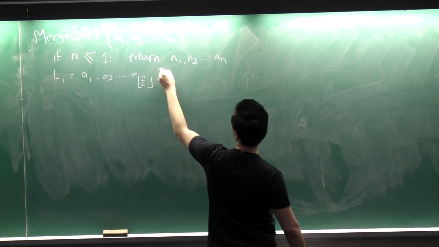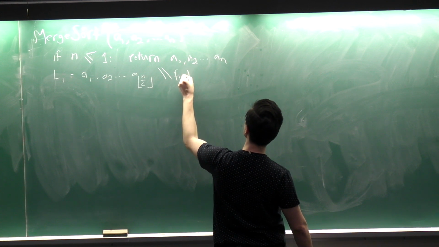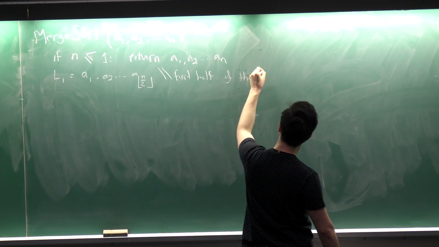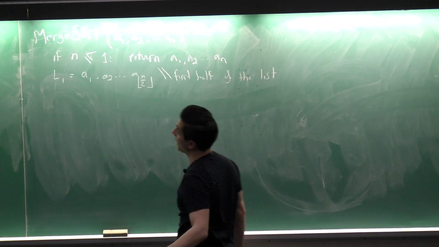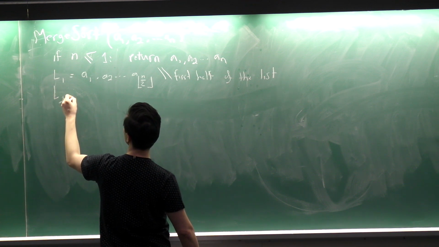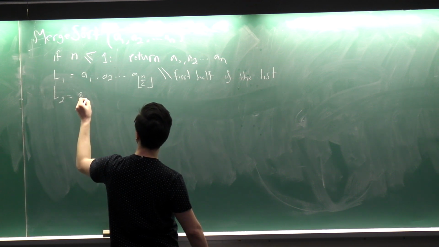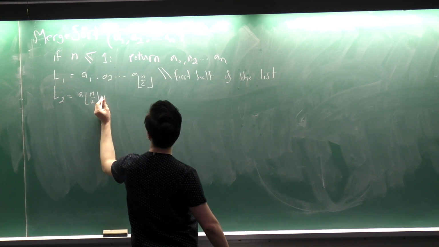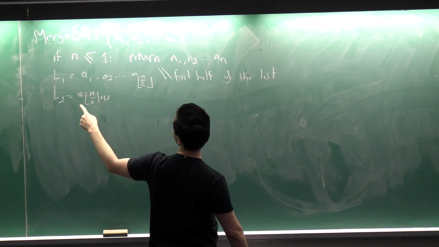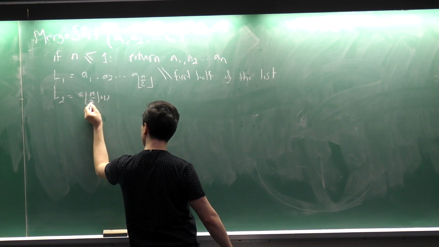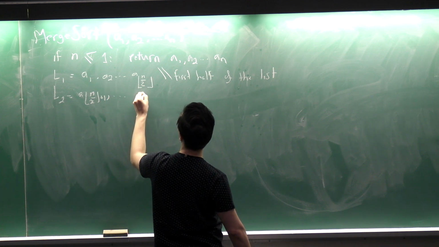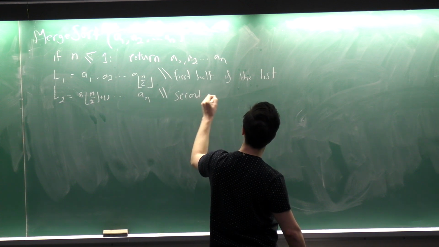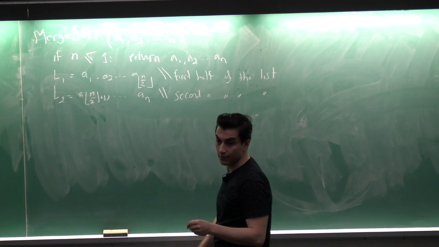That's the first half of the list. And we define L2 to be from the element after this one, which is floor of n over 2 plus 1, all the way till An, to be the second half of the list, right?